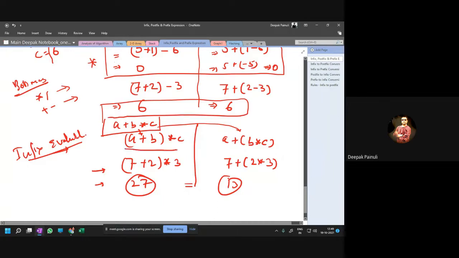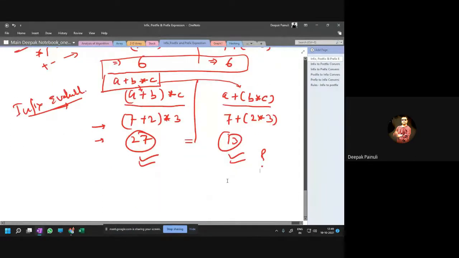One may follow this rule, one may follow that rule, but how will we know which one is correct? This is the question, right? In infix evaluation, we may get into a situation where we are unable to find which evaluation is correct.